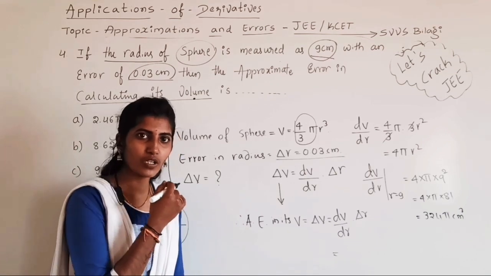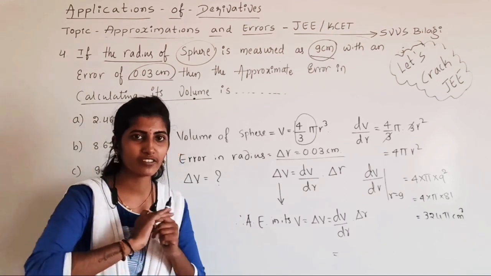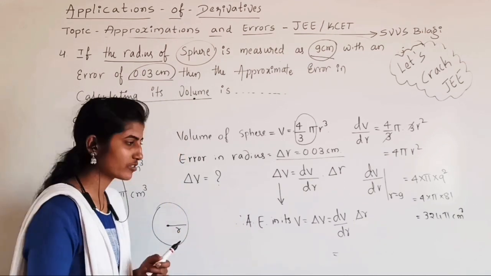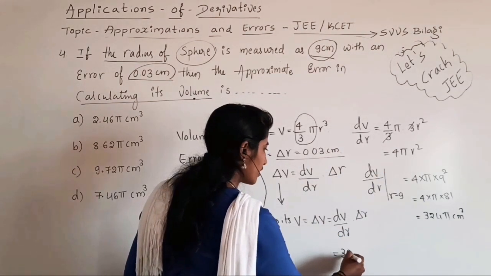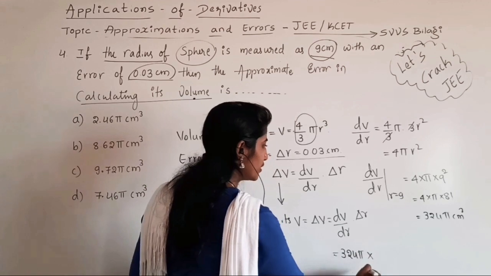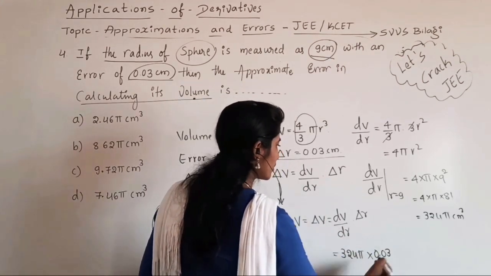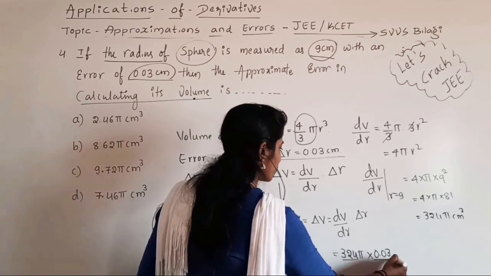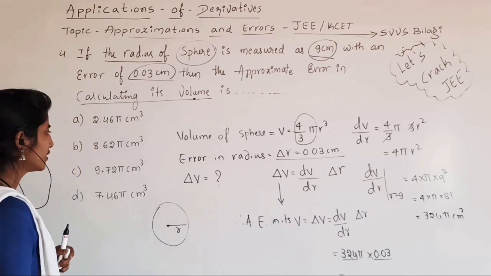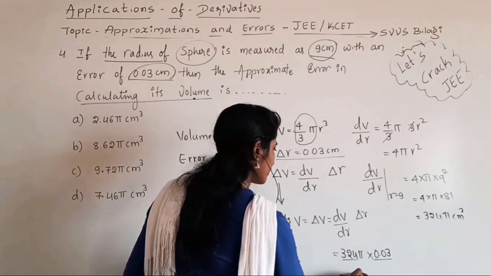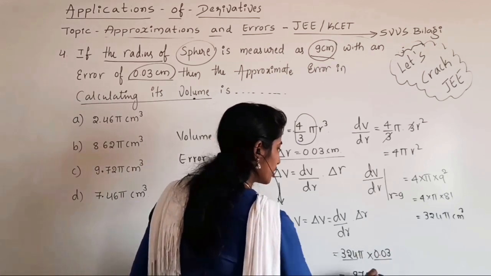Since you are dealing with the JEE, you should be very smart. You should take out some shortcuts and some tricks to crack the questions. So dv by dr is 324 pi, into delta r, whose value is given, that is 0.03. After multiplying 324 into 3 and leaving 2 places, I think you will get 972. After leaving these 2 places, 9.72 pi.